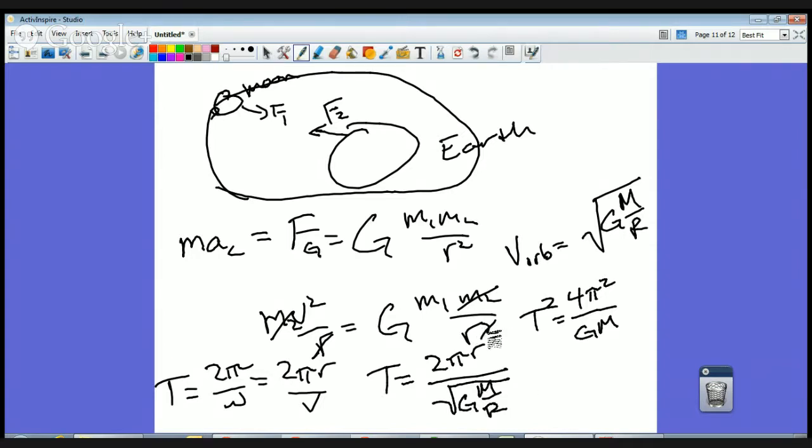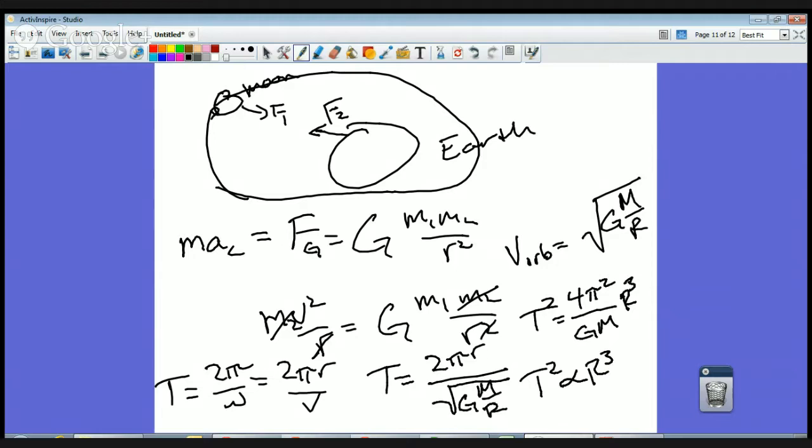Yeah, cubed, because that gets squared and that's 1, yeah, r cubed. So T squared is proportional to r cubed, and that is Kepler's third law, which you guys are responsible for knowing how to derive. And I just derived it for you. It just takes a second.